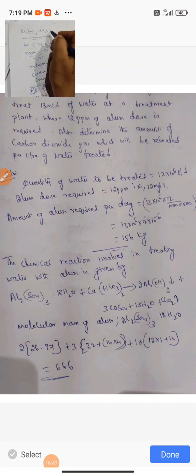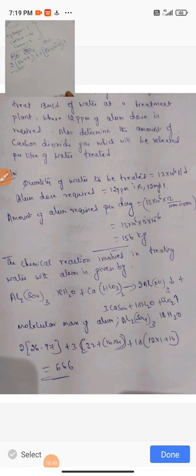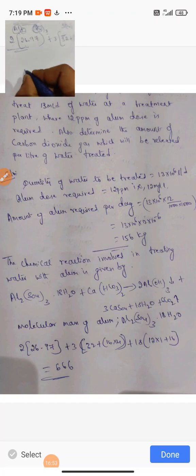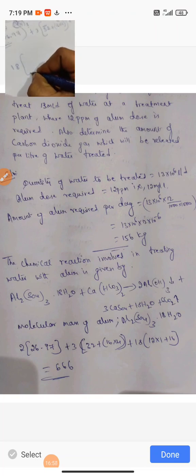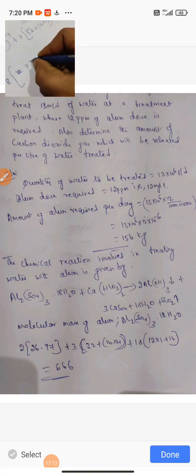Al2(SO4)3·18H2O. For 18H2O, we have 18. H2O, H is hydrogen, it is 1. So 18H2O is 18 into 2 into 1.